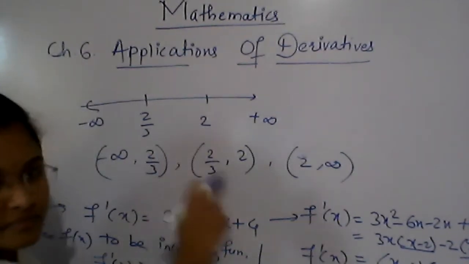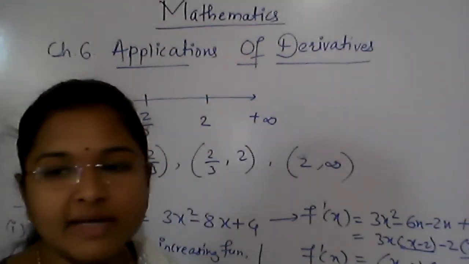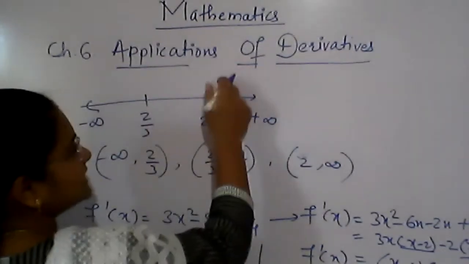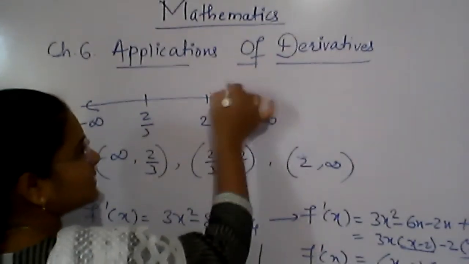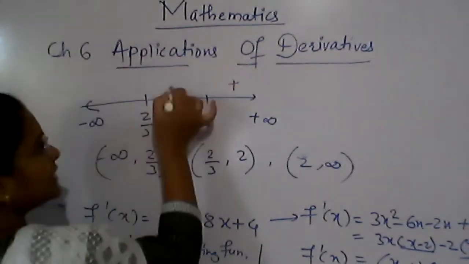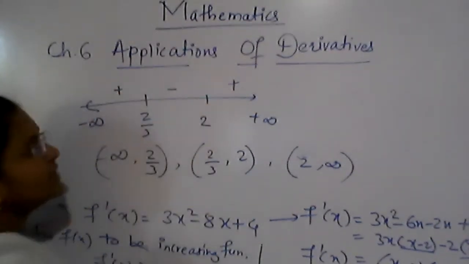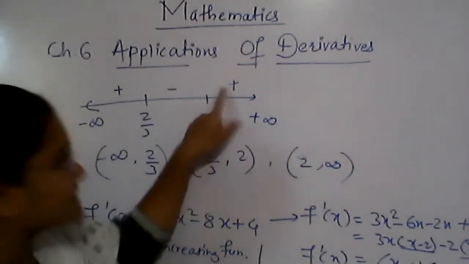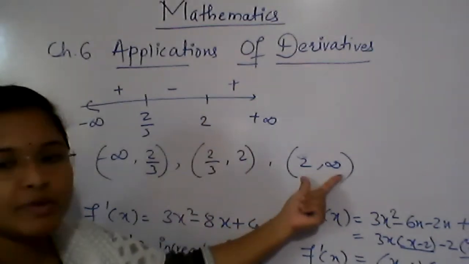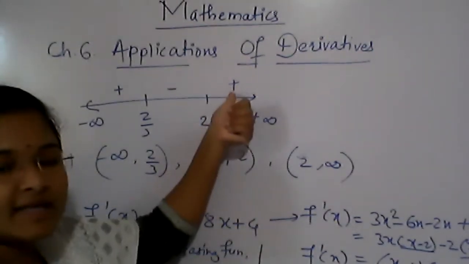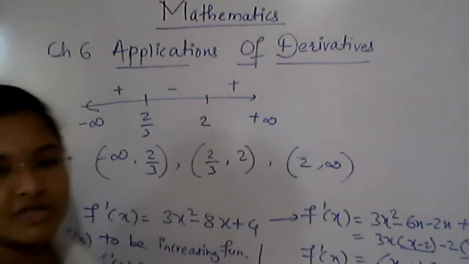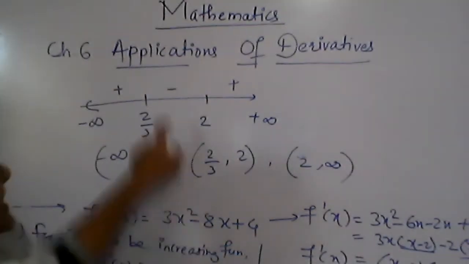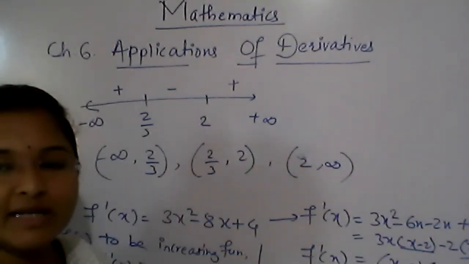From the rightmost interval, 2 to infinity, you start with plus, then alternate the plus and minus signs. Wherever the plus sign is there, in that interval the given function is strictly increasing, and where the minus sign is there, the function is strictly decreasing.